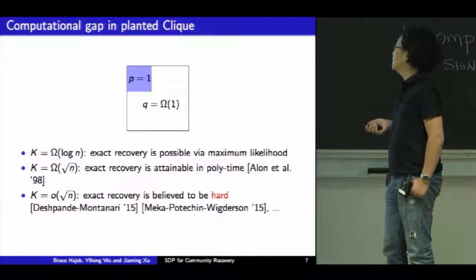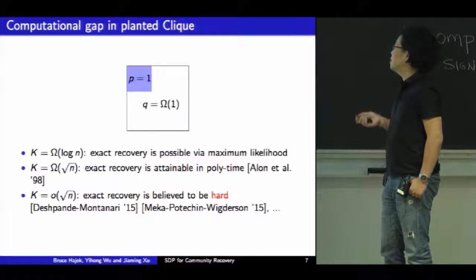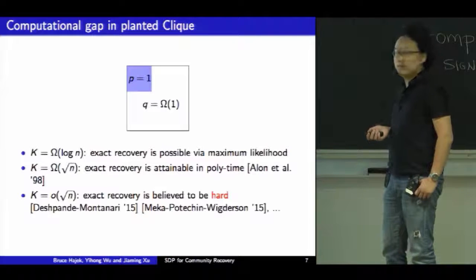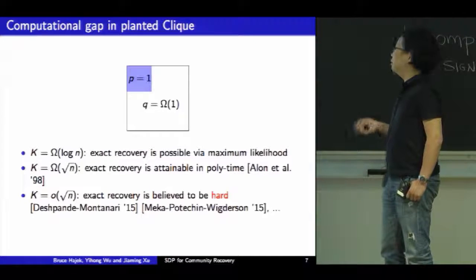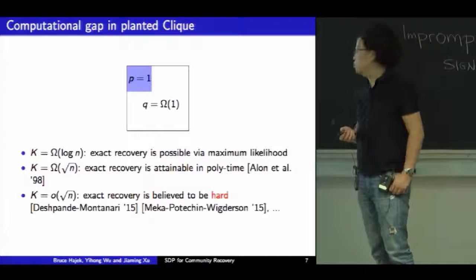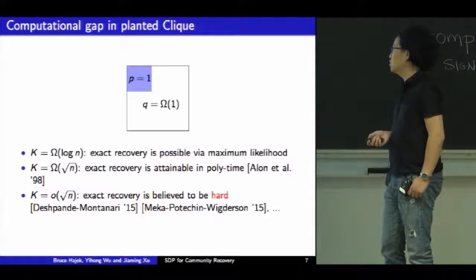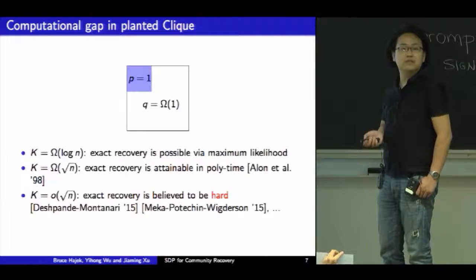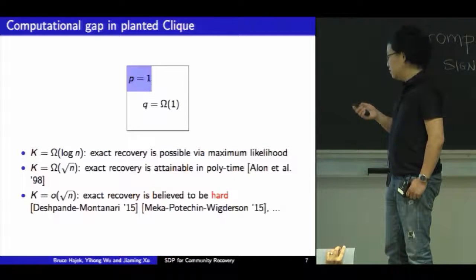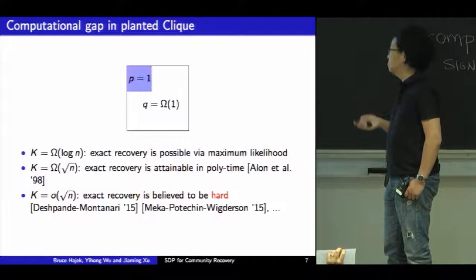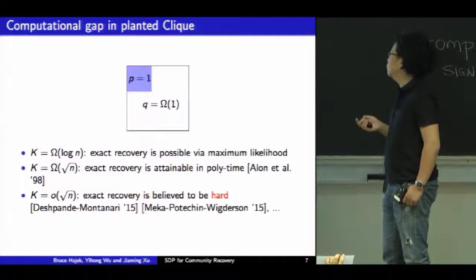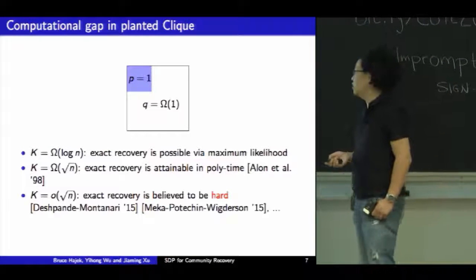Clearly, when the clique is of size log n, you can do it by exhaustive search, and the best known algorithms, spectral algorithms, or even more sophisticated message passing algorithms, only work when the size of the clique is root n. And people believe it's difficult, and probably difficult in certain relaxation hierarchies.